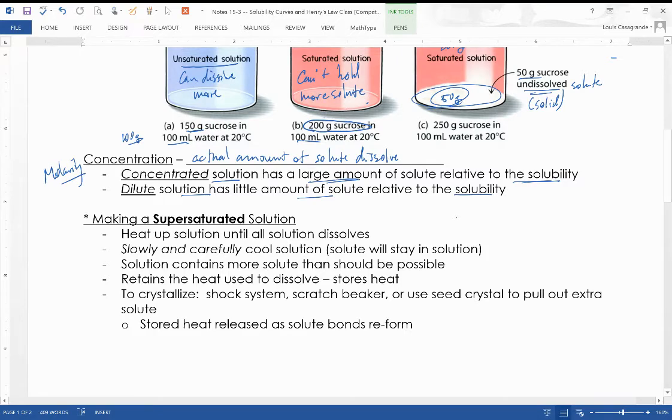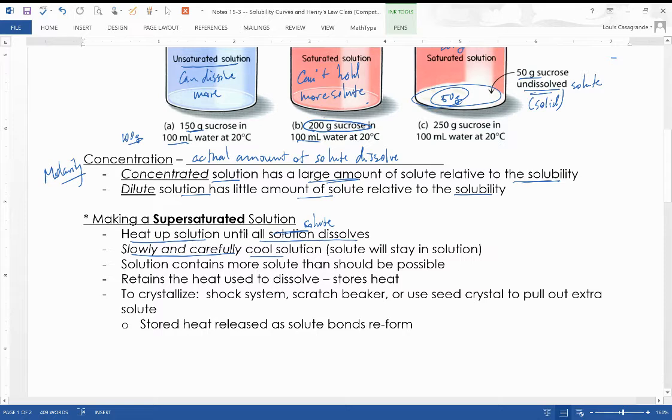Now, making a supersaturated solution, in order to get everything dissolved, as we're going to see on the next page, increasing temperature is going to increase the solubility. So the only way to make a supersaturated solution is to heat up the solution until all the solute dissolves. Once all that solute is dissolved, you can then slowly and carefully cool the solution down.